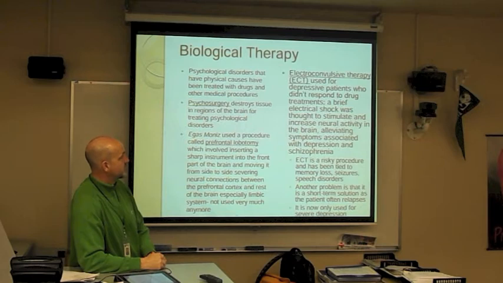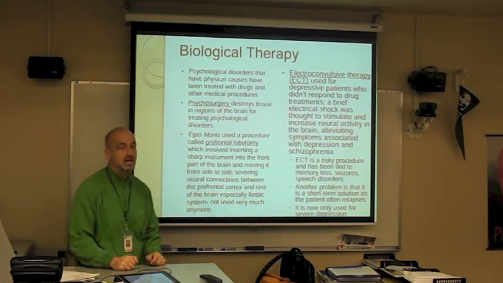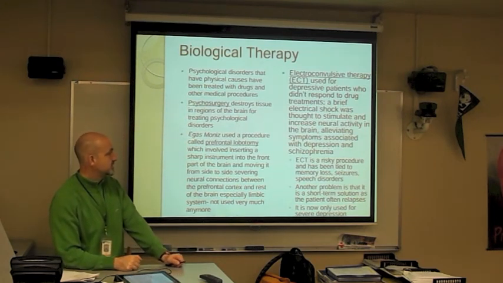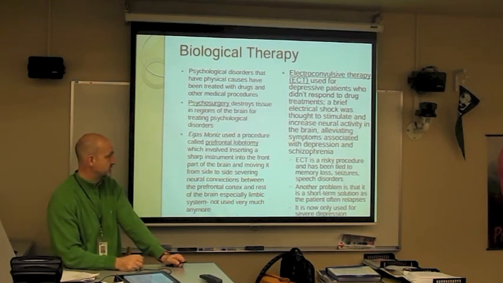Now, ECT, or electroconvulsive therapy, is used for severe depressive patients. And again, it's very, very rare that it's used, but it's a brief electrical shock that is thought to stimulate the action potentials between neurons, which allows more communication. It's mostly used with depression, but it's also sometimes used with schizophrenia. ECT is very risky.